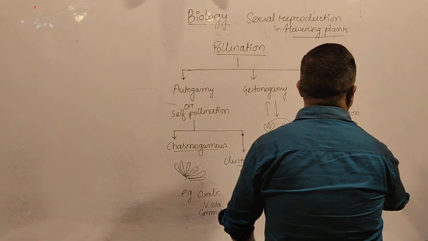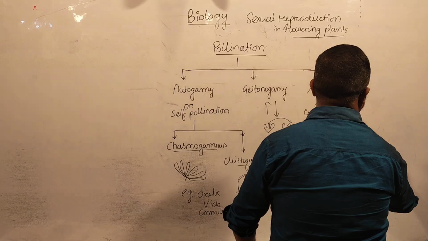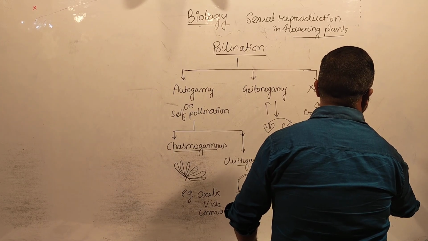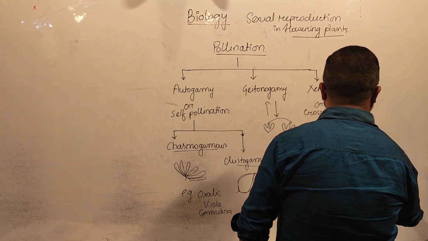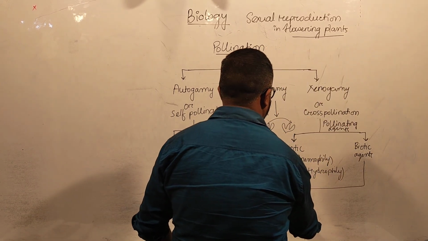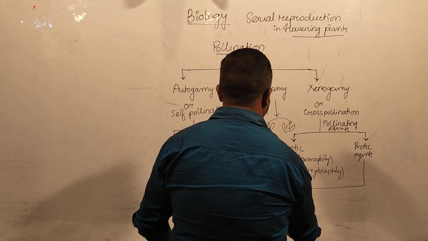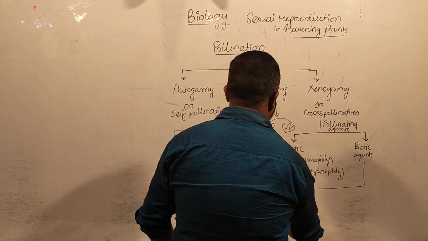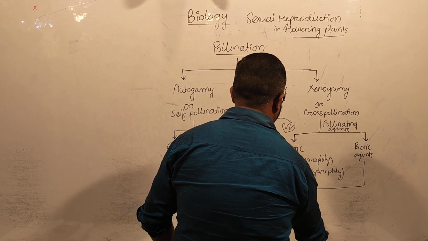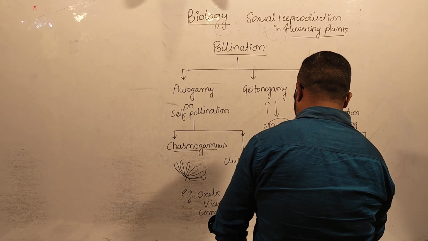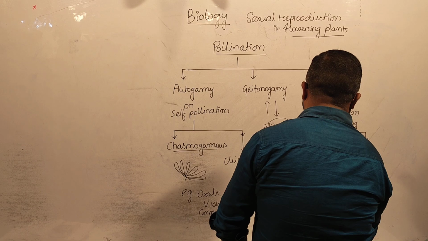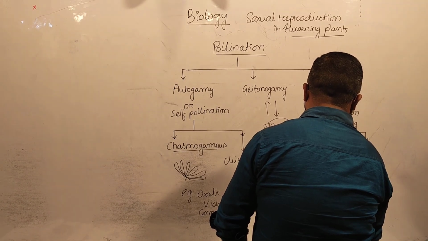Then we have biotic agents. There are many biotic agents. Animals: if it is an animal, it is called zoophily.